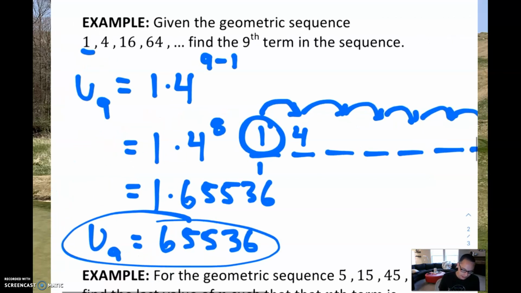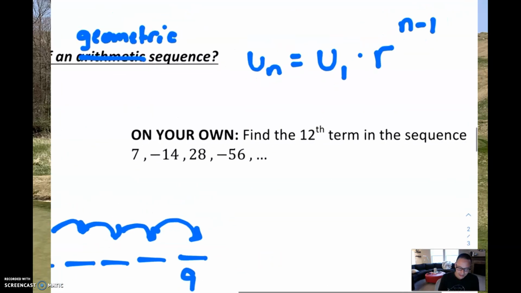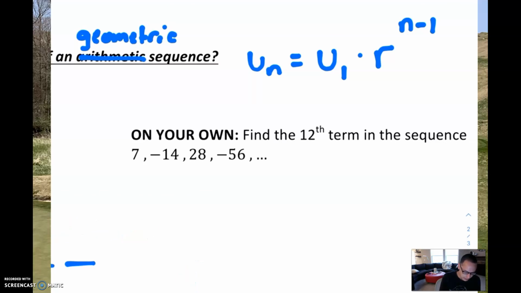And that's why you see here, we take our starting point, which was a 1 in this case, and we multiply by our common ratio 8 times in order to get to the ninth term. So hopefully you can see why that formula has that n minus 1 component up there. So that's just a quick little tutorial on why that formula works out the way it does.